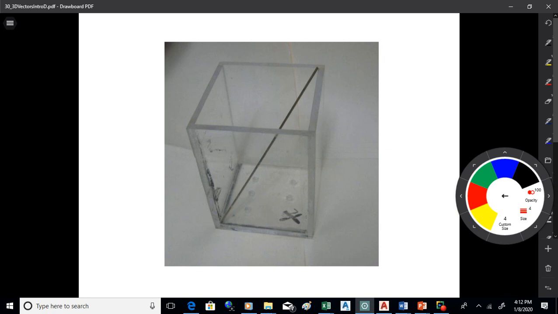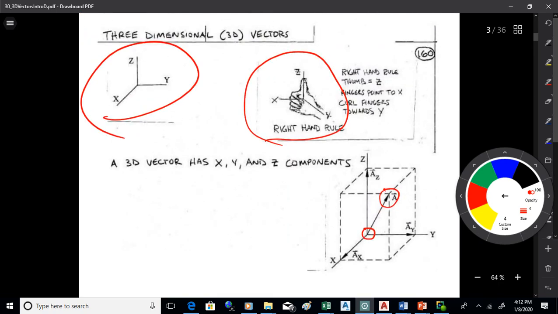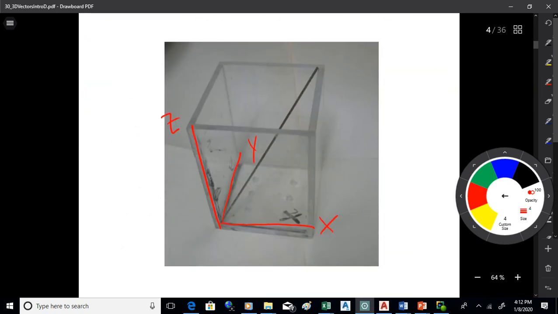And the reason I like to think about it that way, and this particular box is oriented like this so you can see it. So that's X. Right hand gets you the Y. There's the Z. Okay. X, Y, Z. Because the edges of the box are the three components of the vector. Okay. So the X, the Y, and the Z components then are the three X, Y, and Z components of the vector. That's how we think about a three-space vector. Okay.